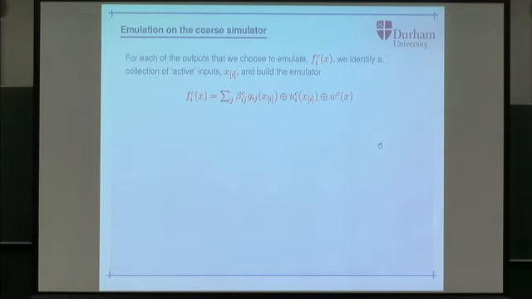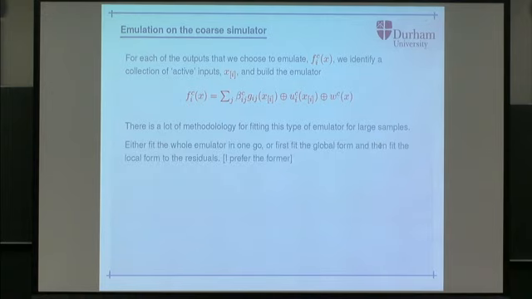Okay? So we're emulating, so now we need to say how we're going to emulate the course simulator. Let's just say that there is a lot of methodology for fitting emulators like this. My only comment is that when people start, they like to fit the emulator in one go, because we're starting to throw it into a likelihood optimization machine or something like that.